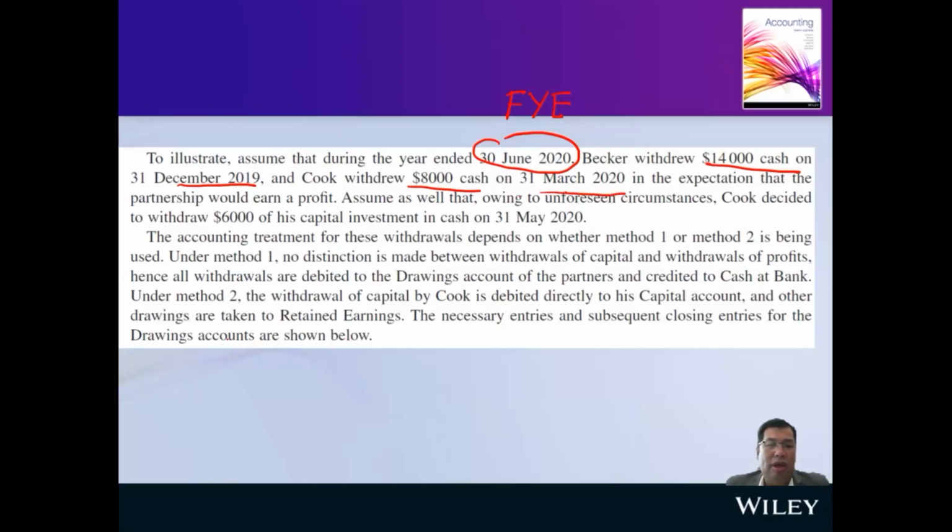So let us look here. This is our accounts. Financial year end, 30th June. Becker withdrew 14,000 on 31st December 2019.